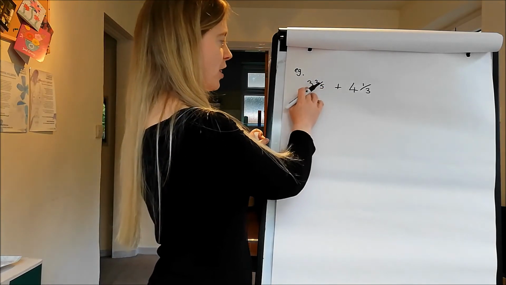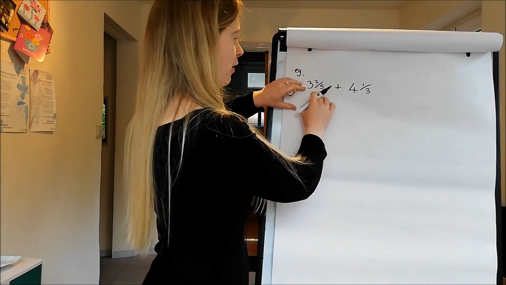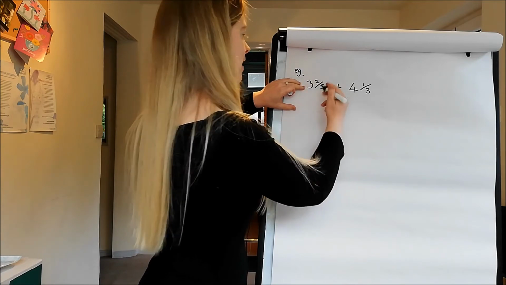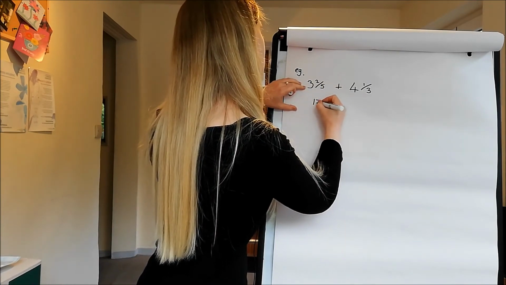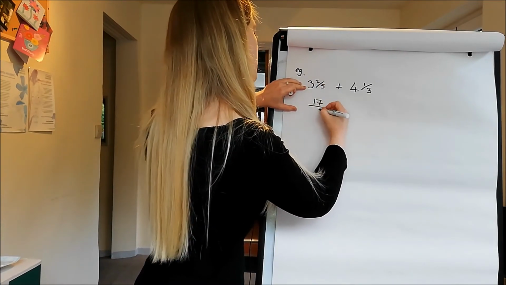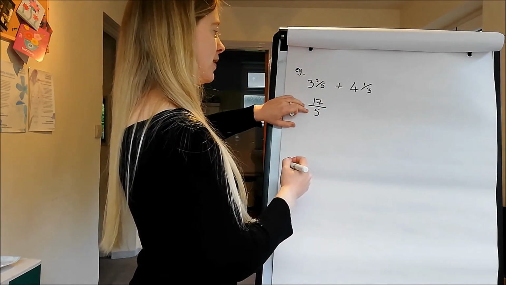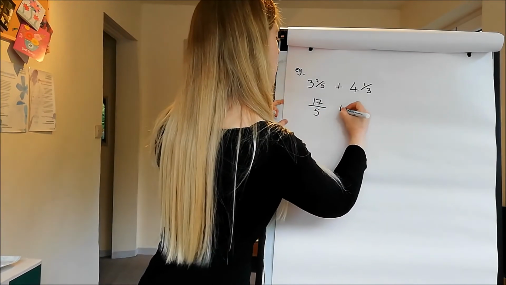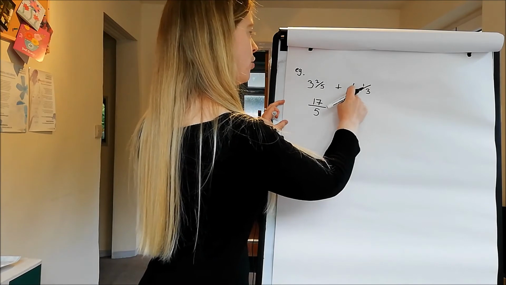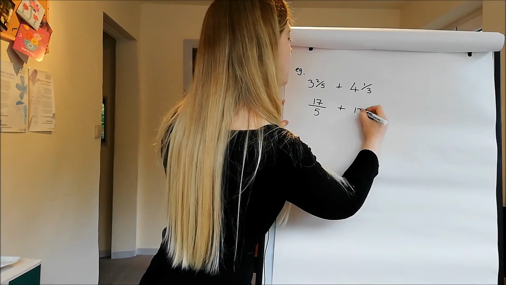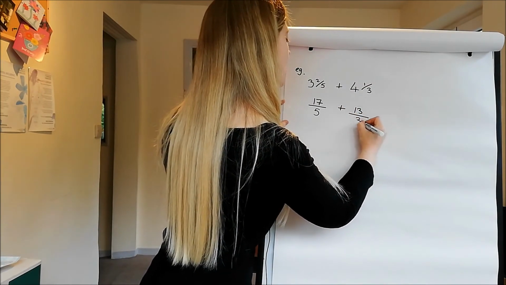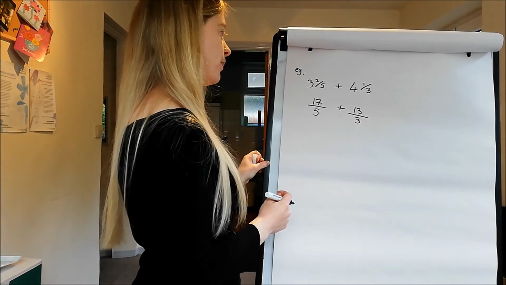So if I convert this into an improper fraction, 5 times 3 is 15 and add the 2 on makes 17. And I was working in fifths, so that becomes 17/5. 3 4s are 12 and add 1 makes 13, so that's 13 and I was working in thirds.